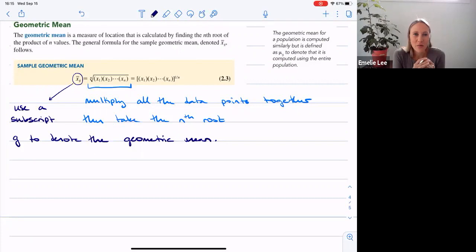When should we use the geometric mean, you might ask, or not, depending on what time of day it is, right? We should use the geometric mean if our data points are not independent. So typically, if we have stock prices day after day after day, then the geometric mean might be more useful, okay?